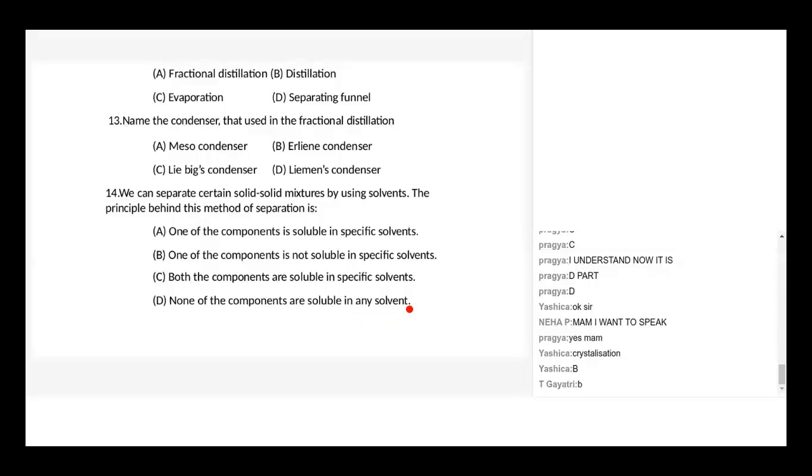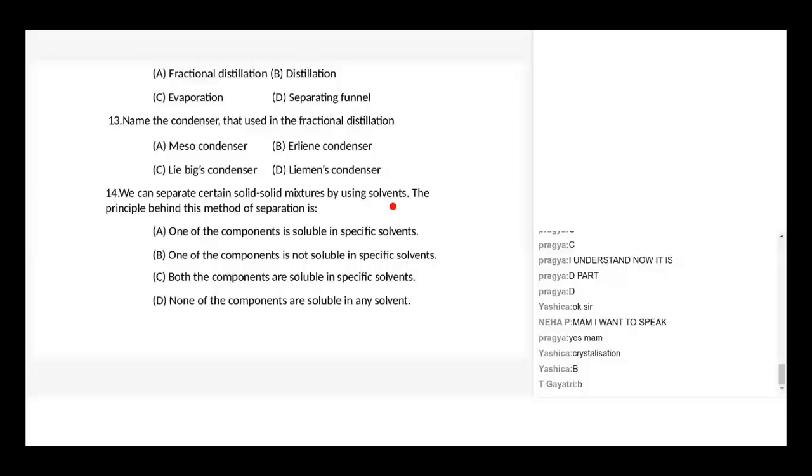I think one of the components is soluble in a specific solvent. Answer A is correct. Why? Because here we are using a solvent. The solvent is used to separate the soluble salt from the mixture. So one of the components is soluble in a specific solvent.